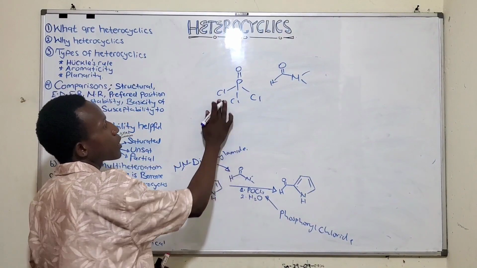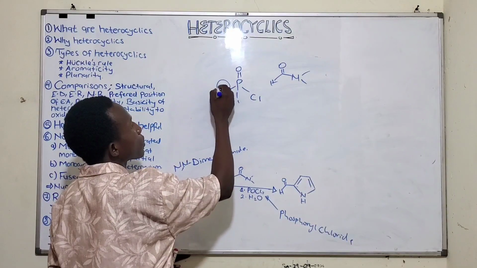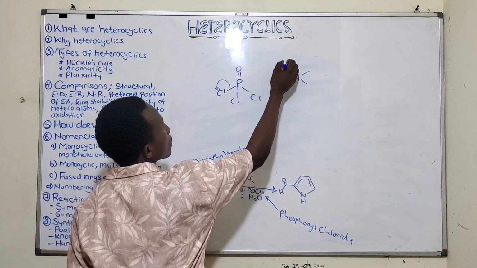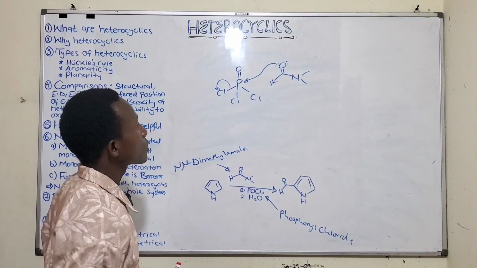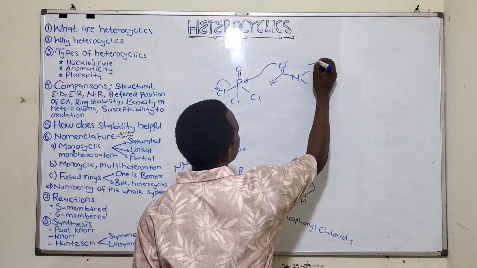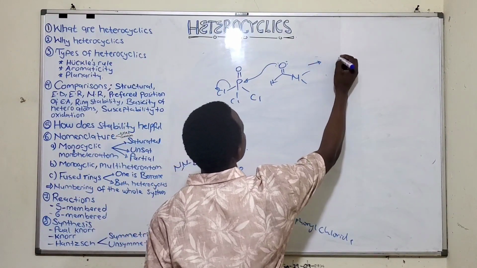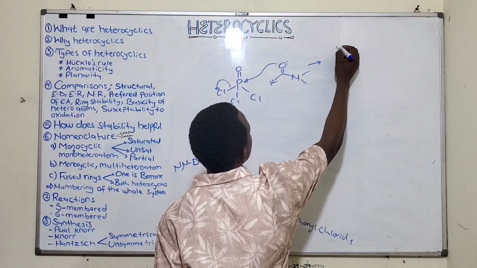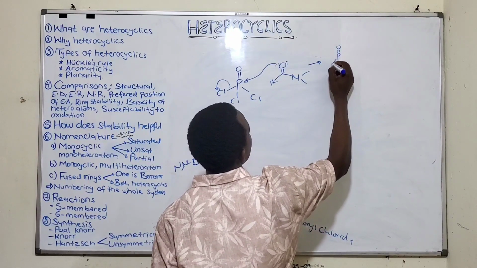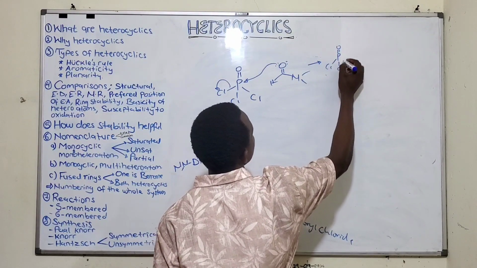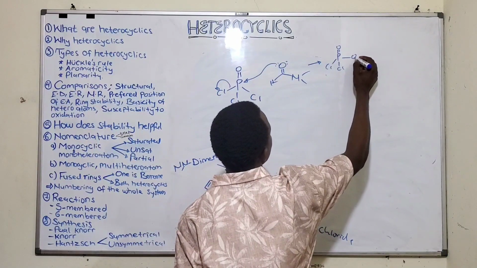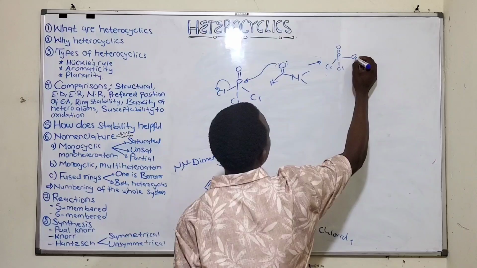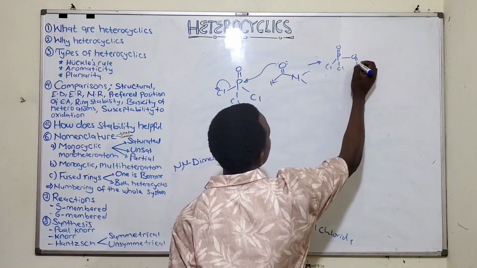So, chlorides are good leaving groups. As this one goes, oxygen is having lone pairs of electrons. So, we shall form this with chlorine, then oxygen is attached. It is still having its two bonds.